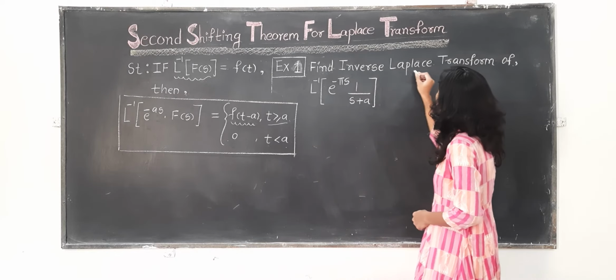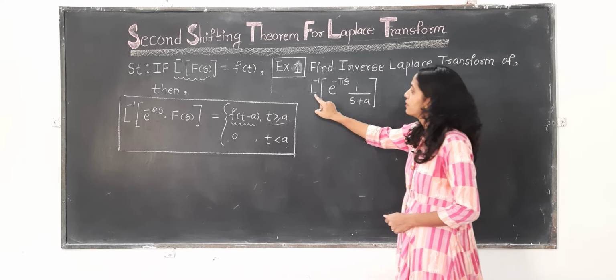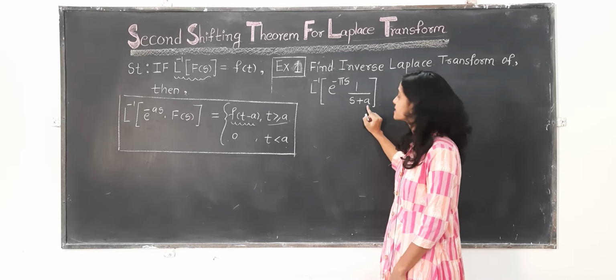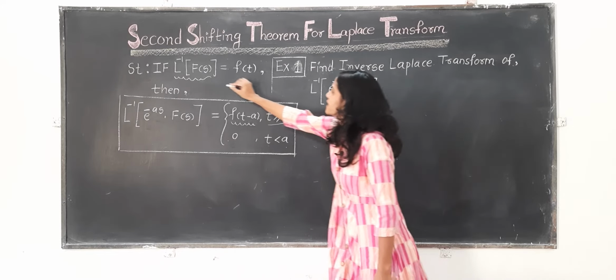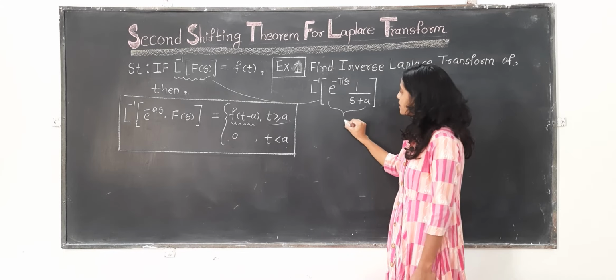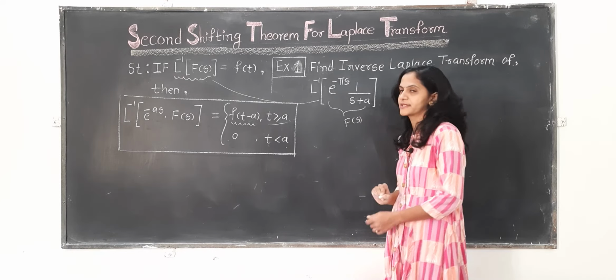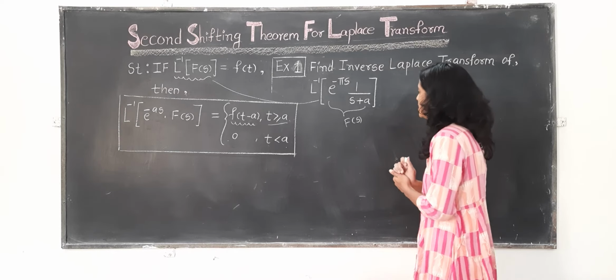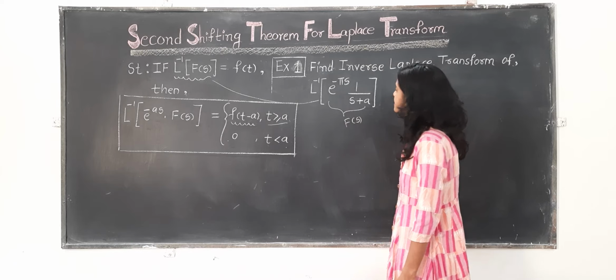Find the inverse Laplace transform of e raised to minus pi s into 1 upon s plus a. Students, we can easily compare this, because this bracketed term is nothing but F of s. That means here we want to find the L inverse of e raised to minus as into F of s. Just compare this.